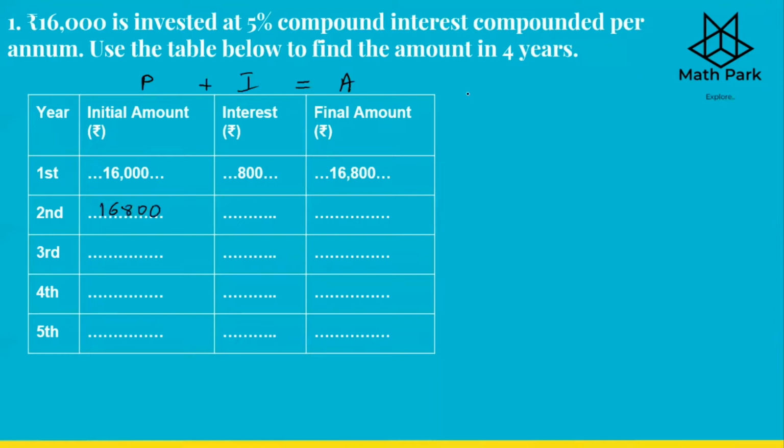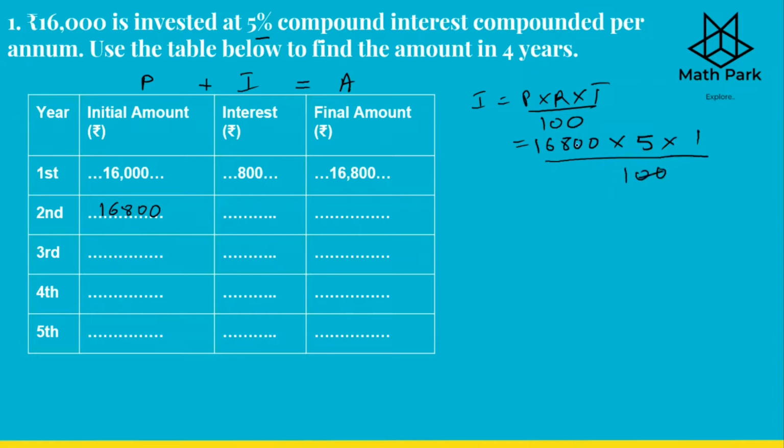Now we will be finding the interest for this second year. So we will be using the formula PRT upon 100. The principal for the second year is 16,800, the rate of interest is 5%, and the time period is 1 year, upon 100.